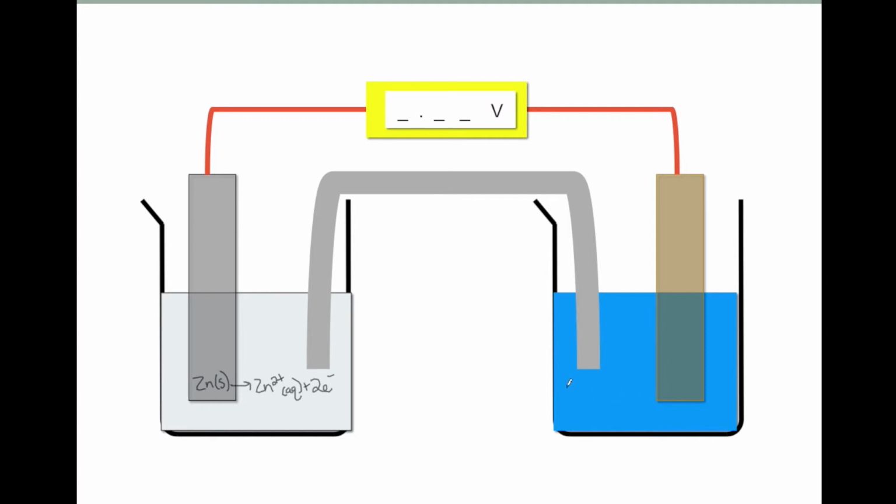And then over on the copper side, we know that copper 2+ is going to react with 2 electrons, and it's going to form copper solid. Now, I want you to take a guess on which way electrons are flowing. Are they going to flow to the right to copper, or are they going to flow to the left to zinc? So take a second and see if you can think through this.